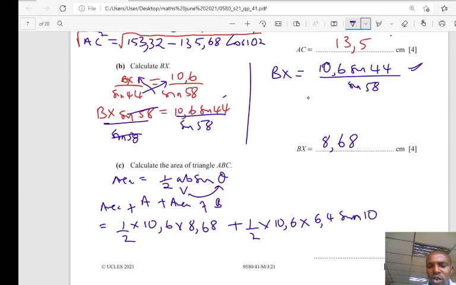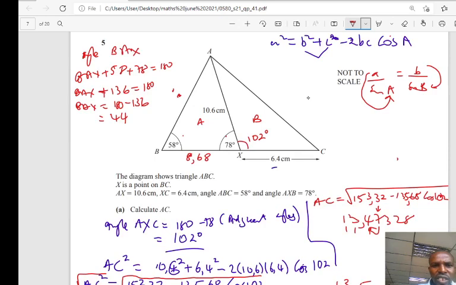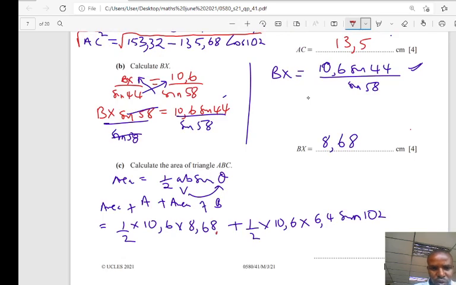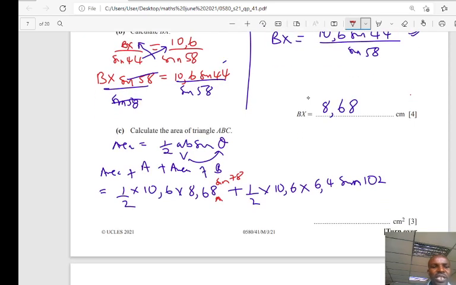On this one it was 102, but on this one it's sine 78. This one is 102, this one is 78. Half ab sine theta.